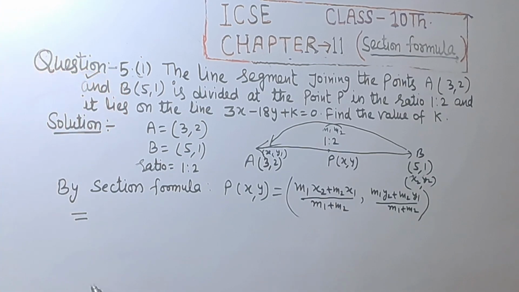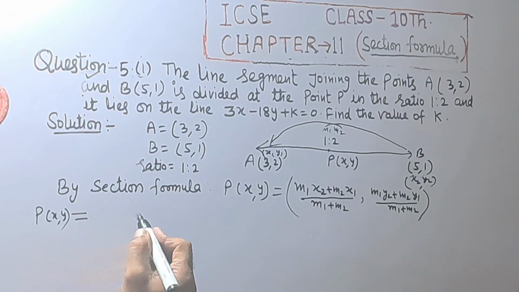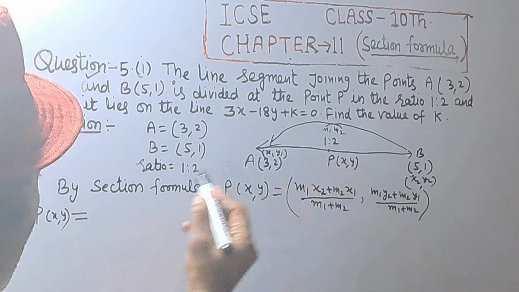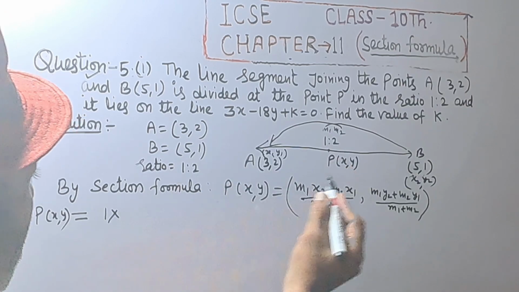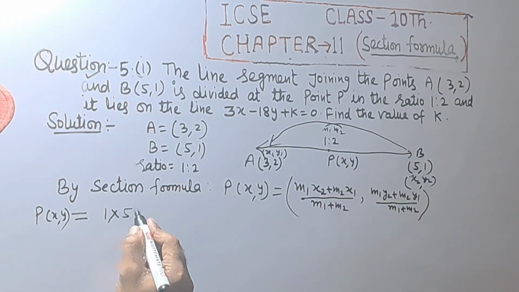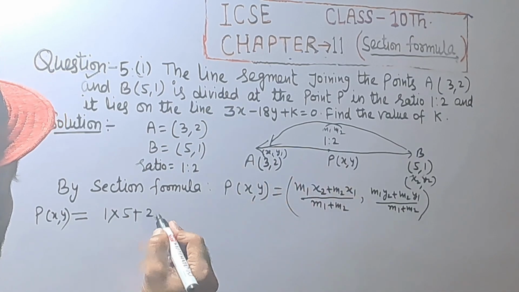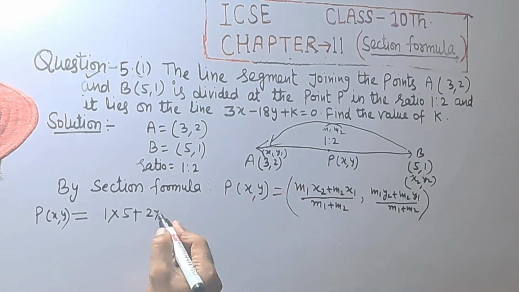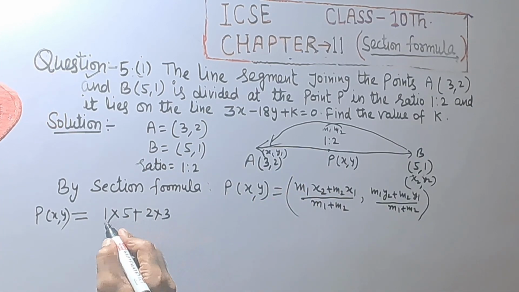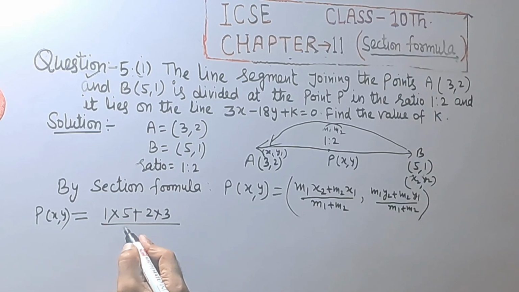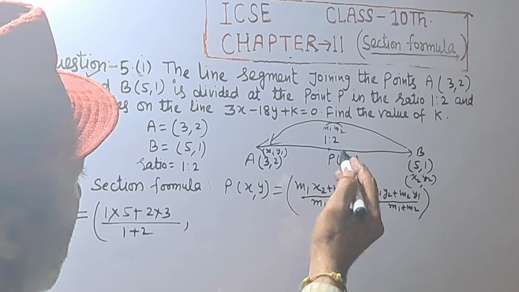P(x, y) is equal to M1 is 1 multiplied by x2 is 5 plus M2 is 2 multiplied by x1 is 3, divided by 1 plus 2.